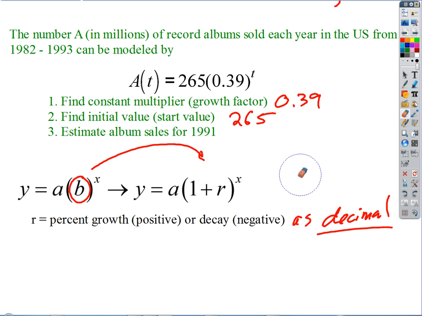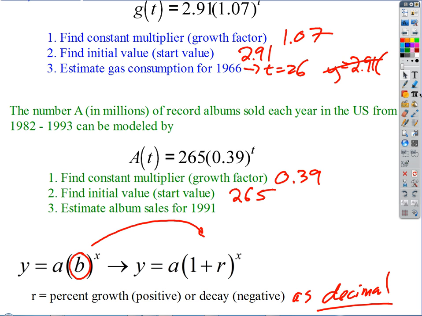Okay, so let's go back and take these last two examples, and I want you to tell me what's the percent increase or decrease in this. Percent increase or decrease. Now, how would I do that? Okay, so 1.07 is the growth factor, right? So I just have to write 1.07 as 1 plus R. So what's R? 0.07. Okay, but I want to write it as a percent, right?